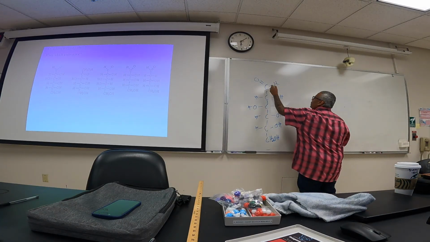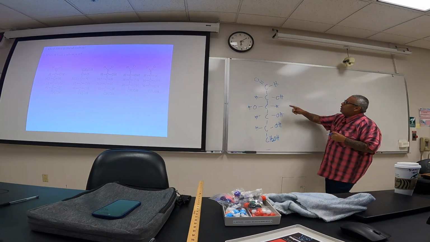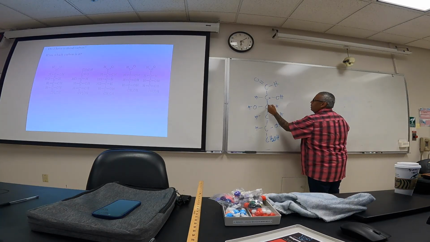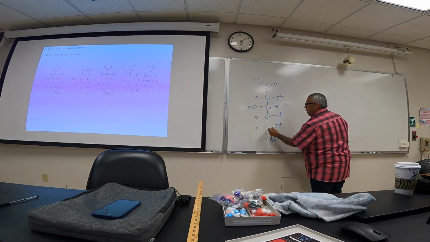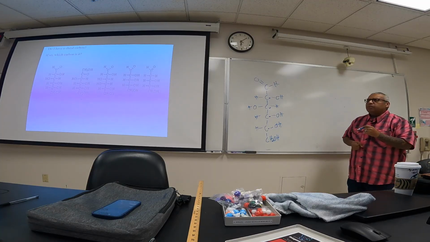So here we have this structure. Chiral carbon here, chiral carbon here, chiral carbon here, chiral carbon here. So we have 4 chiral carbons here.